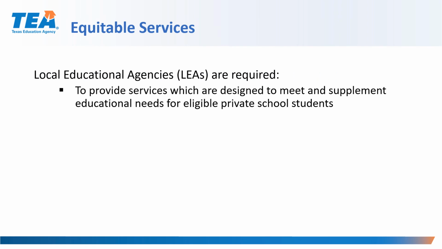The local education agencies are required to provide services which are designed to meet and supplement educational needs for eligible private school students. When it comes to providing equitable services for private schools, you may not supplant, you must supplement.